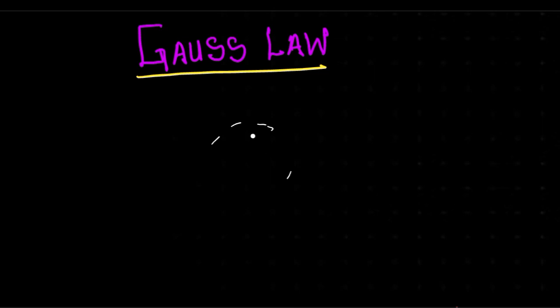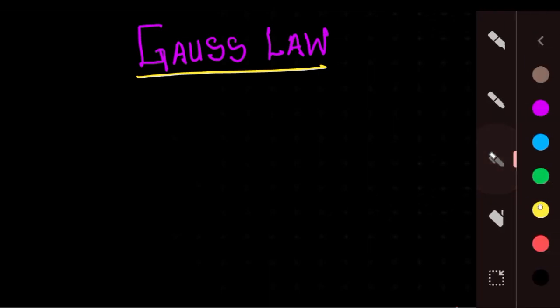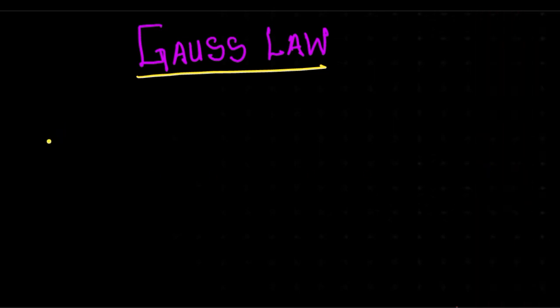Now let's define Gauss law. What is Gauss law? Gauss law states that the total electric flux through an enclosed surface is equal to the net charge inside the surface divided by the permittivity.